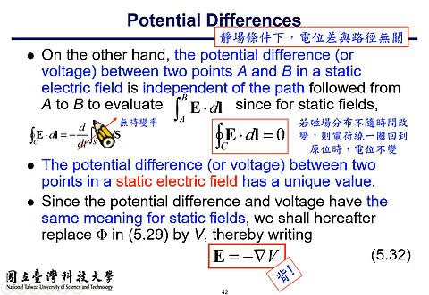Okay, so anyway, for steady field, you need to remember that the electrical field intensity equals the negative of gradient of V.